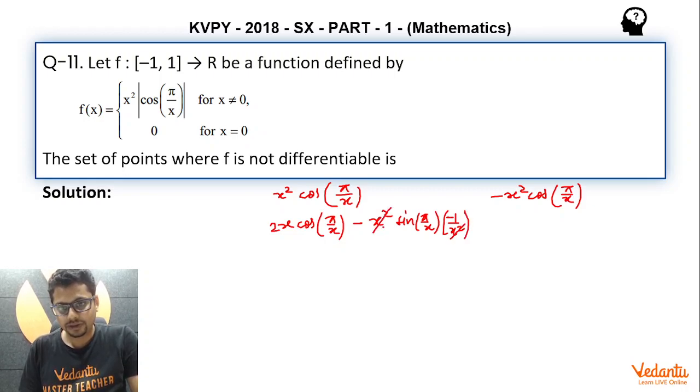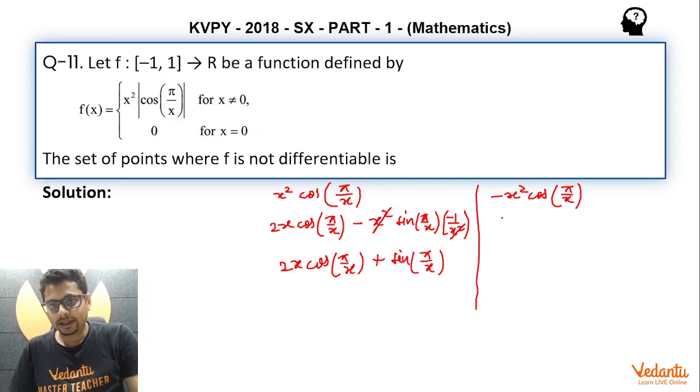So this cancels out. So this essentially becomes 2x cos pi by x plus sine pi by x. And similarly here the derivative would be minus 2x cos pi by x minus sine pi by x.